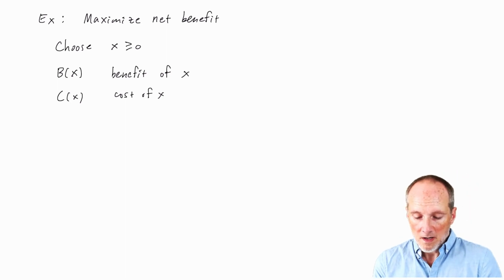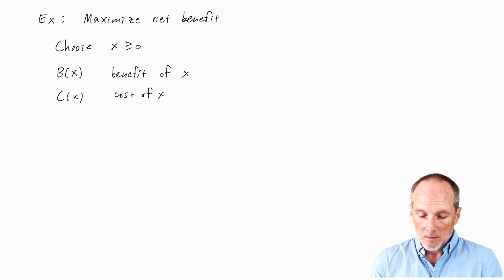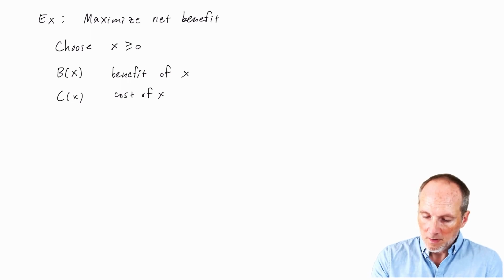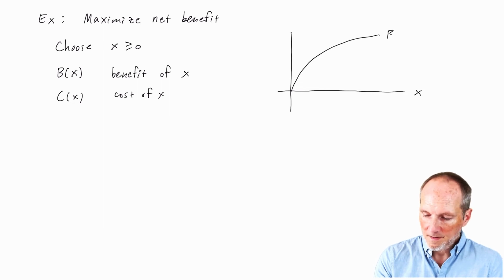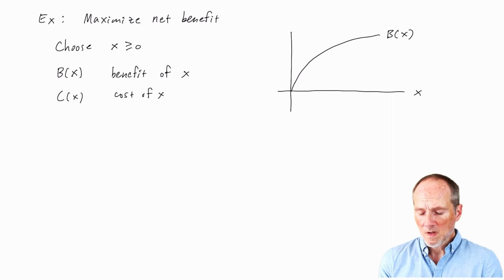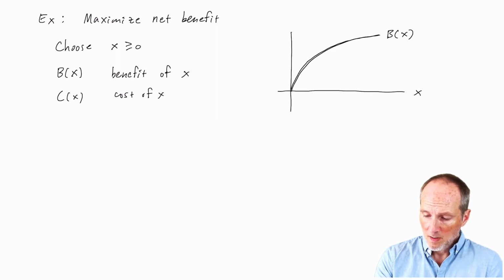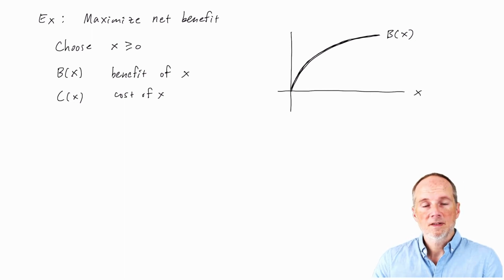Okay, so let's just draw some pictures of what these could look like. I'll put the scale of the project on the horizontal axis here. The benefit function might look something like this. It doesn't have to be curved, it could be a straight line. But this tells us that as we increase the scale of the project, the benefits increase.